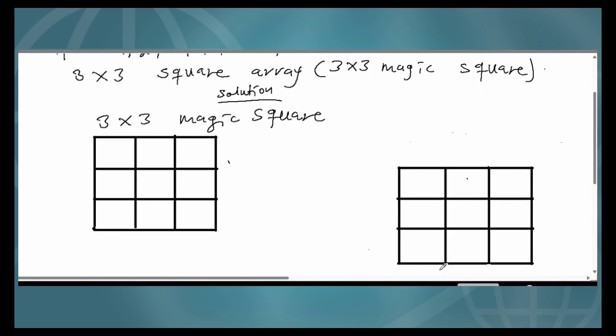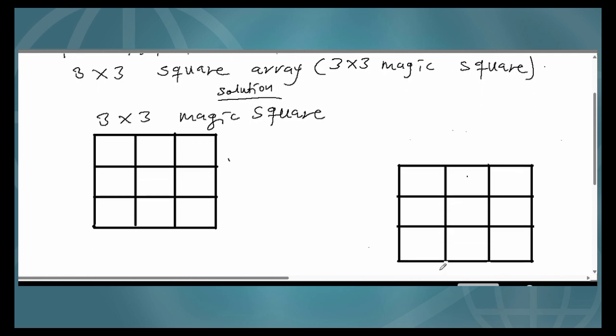So to consider the rule of 45 degrees, our first entry is 1, and we would like to write our first entry 1 in the middle square. Actually this is our main 3 by 3, but I'm going to be using this one as an experiment for you to really understand it well, right?